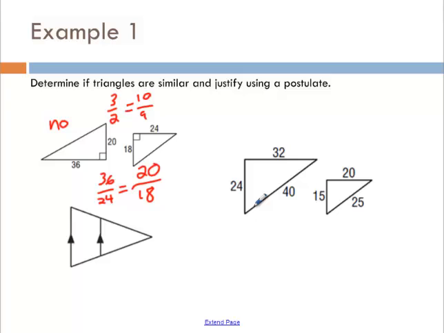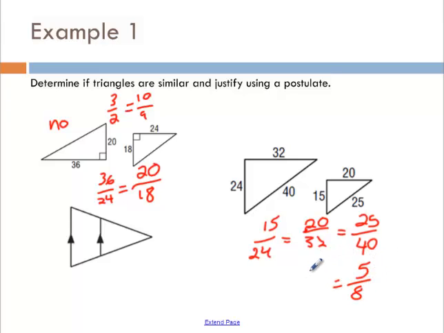When we look at this one over here, I'm going to set up smallest side over smallest side, next smallest side over next smallest side, and biggest side over biggest side. And when I do that, I get 5 over 8 divided by 4, 5 over 8 divided by 3, 5 over 8.